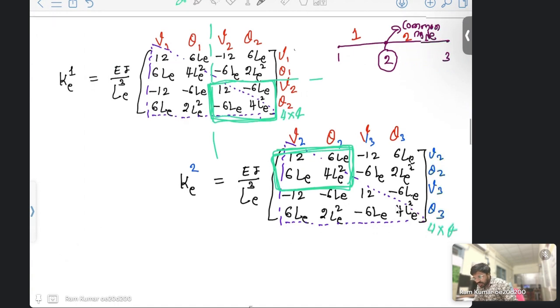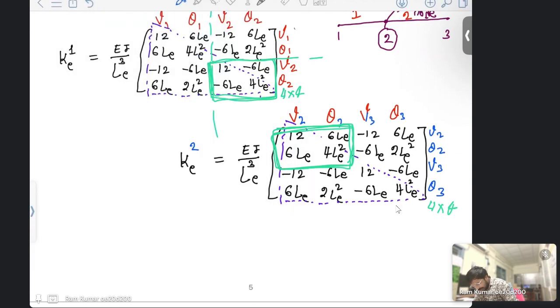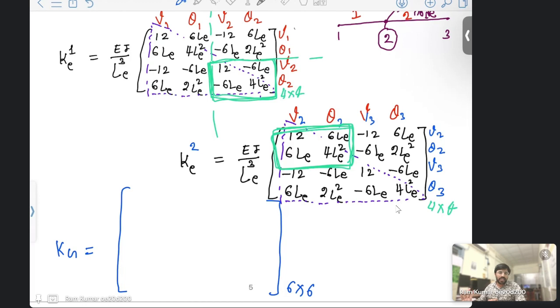And how are we going to find the global matrix? What will be our global matrix? It will be Kg, global, equal to 6 cross 6. Then for the global matrix, what will be our coefficients?